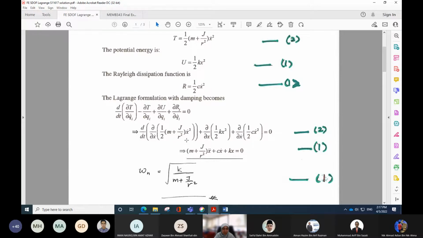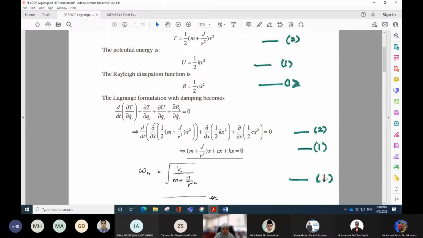We know there is no term of X here, so that is 0. So you only have three terms, 1, 2, and 3. The second term is 0.